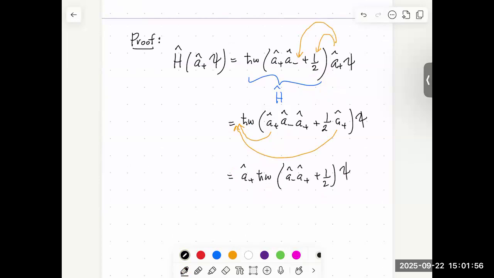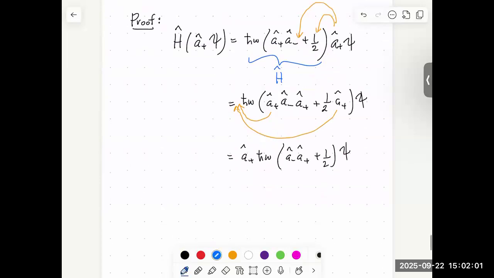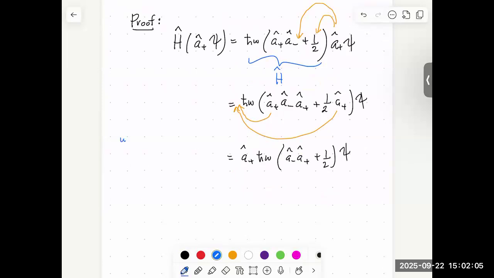Okay, good. Now, the next order of business is to use one of our commutator relations. We're going to use the one where the commutator of A minus and A plus is +1.